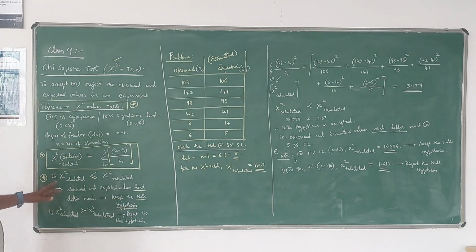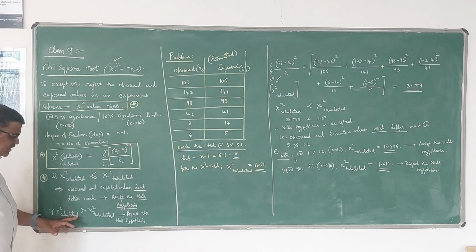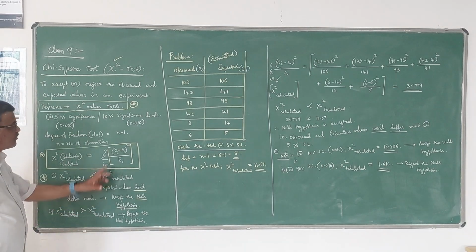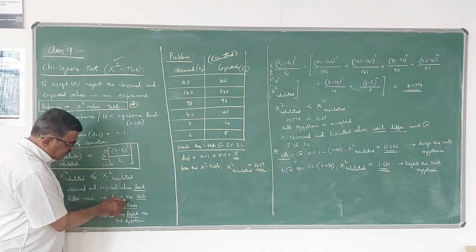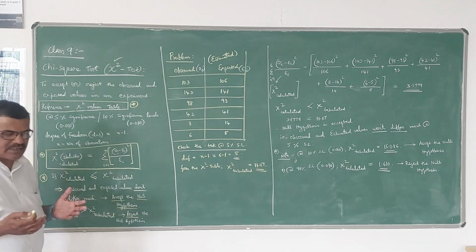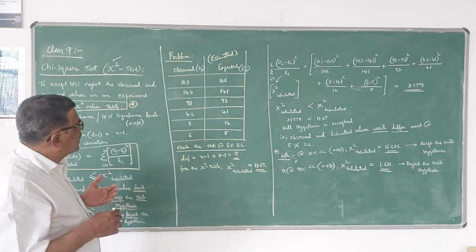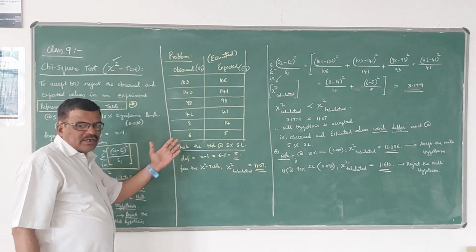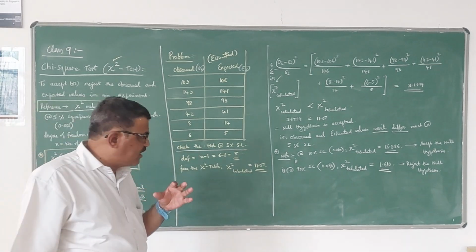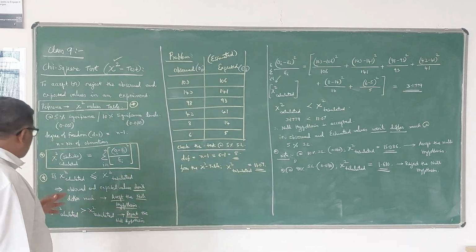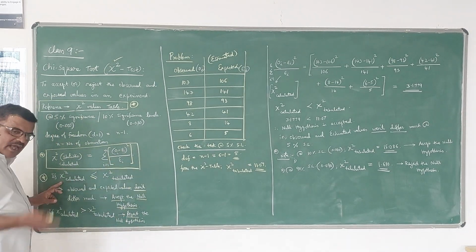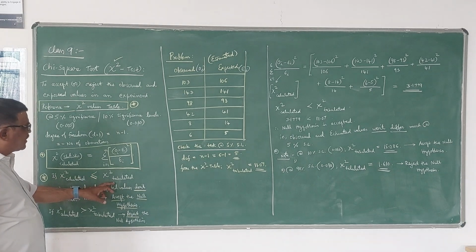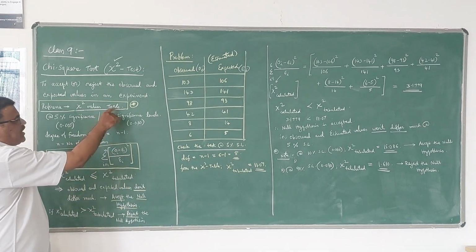Suppose this chi-square calculated value is greater than the chi-square tabulated value from the tables, then we reject the null hypothesis. To accept the null hypothesis, in other words to agree that the observed and estimated values won't differ much, the chi-square calculated value in this formula should be less than the chi-square tabulated value, which you can get directly from the table.